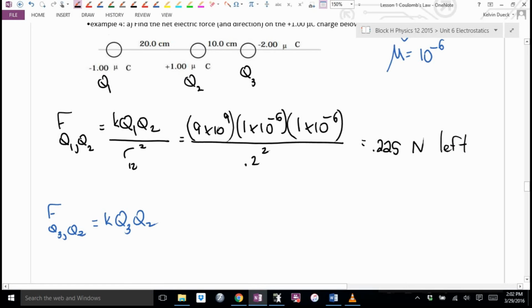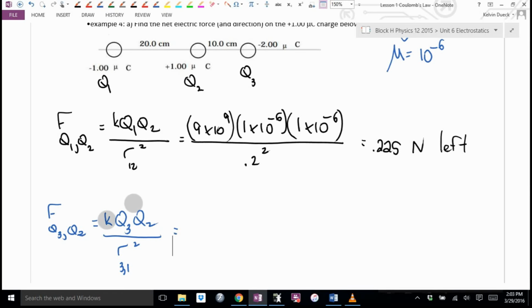Attract to the left. Then we're going to find the force between charge 3 and charge 2, because I want to find the net force on charge 2. And this is going to be the radius between 3 and 1 all squared. And Q3, Q2. You okay with that?